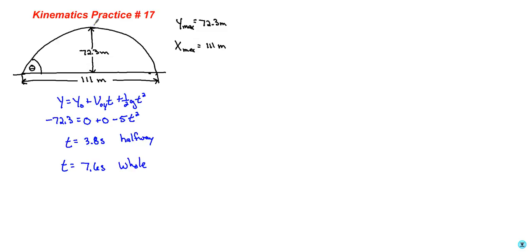Okay, so now we can find the speed in the x direction and the speed in the y direction, which are the two things we need to know if we're going to find this angle. To start with, let's find the speed in the x. And the speed in the x is actually really simple. We know that v is equal to d over t.